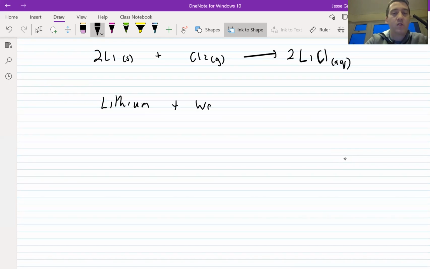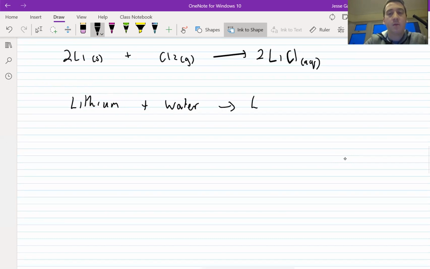Now, last one, lithium plus water. And when we do this, we get lithium hydroxide plus hydrogen. Great job if you got that right.